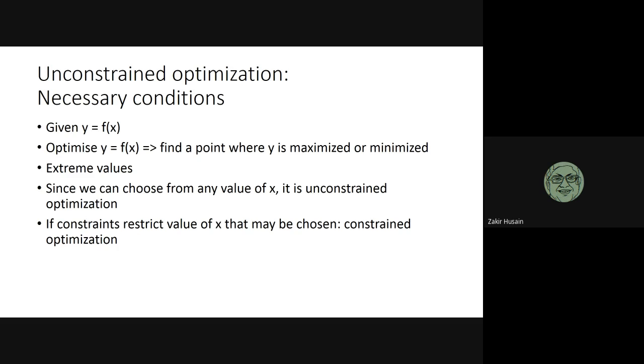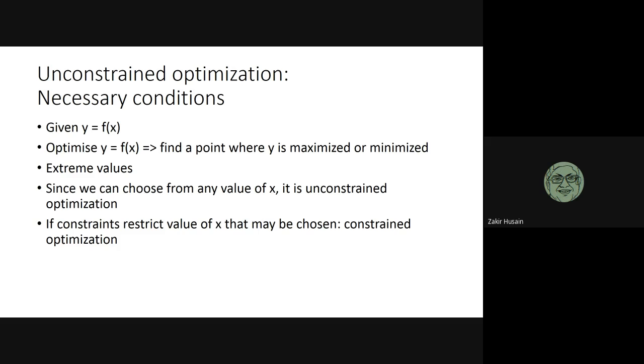He has invested in plant, machinery, he has a factory size, and he cannot produce above, let us say, an output of 10,000. So given this constraint, what is his output level that will maximize profit? This is called constrained optimization.